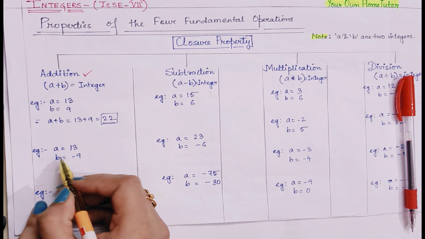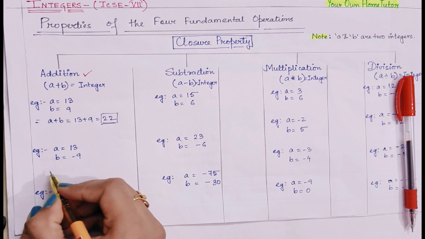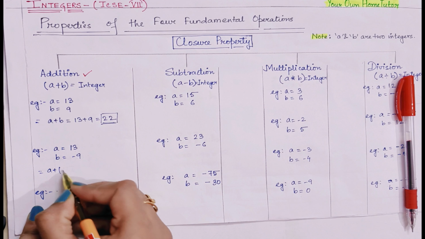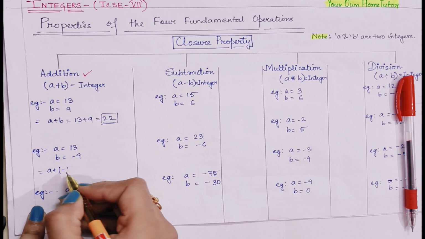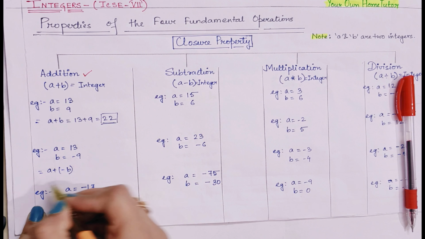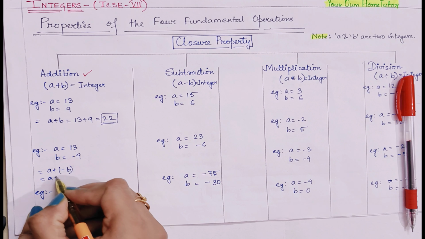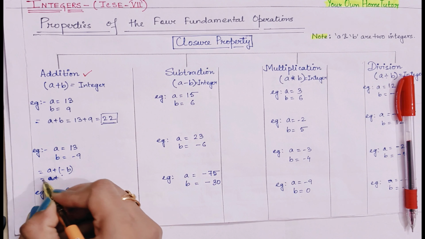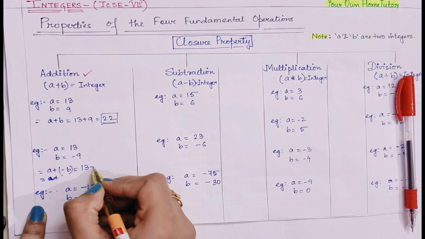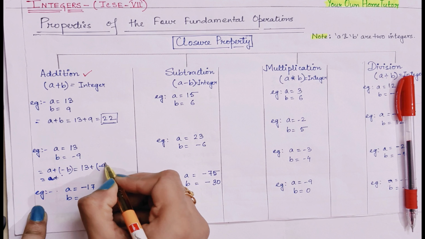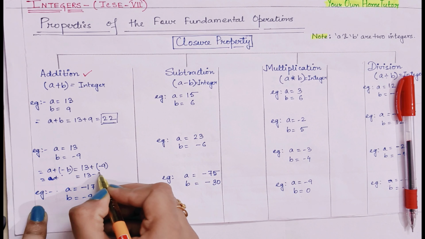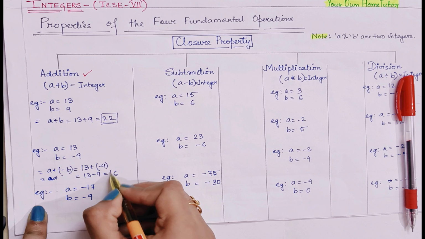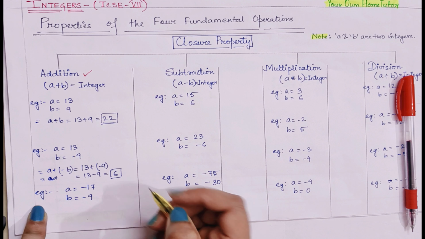Now again, if we take two integers, 13 and minus 9, and try to add them, 13 plus minus 9. So it will give me 13 minus 9, which is 6. This is again an integer.